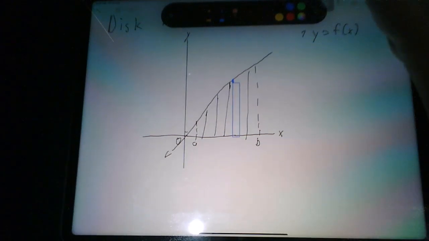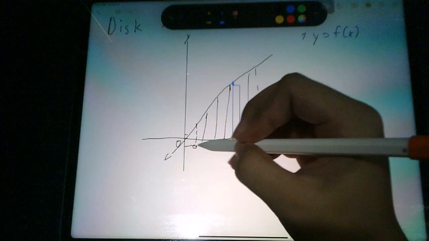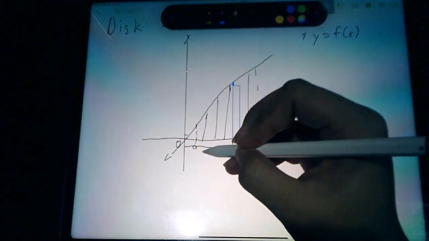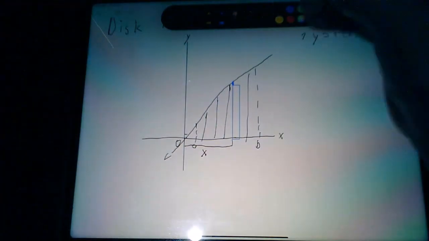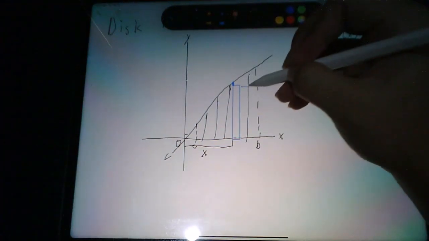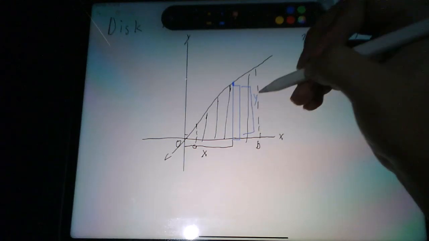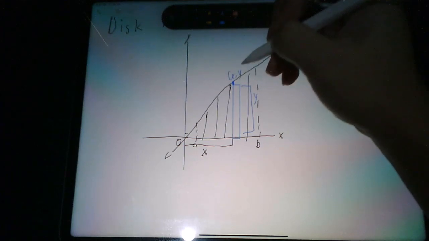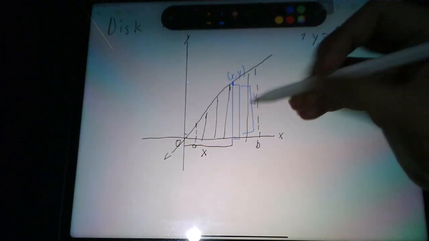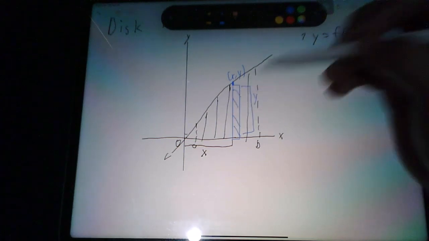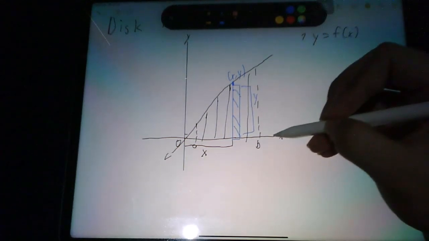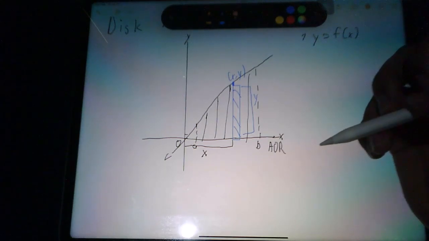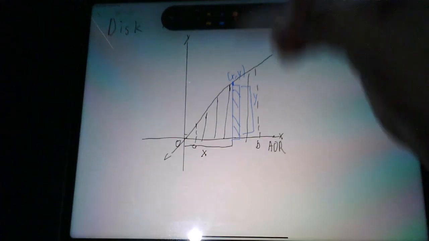Now the distance to the bottom of the vertical strip is called our x, and the height of this vertical strip is just our y, and this is our x and y. So by rotating this vertical strip, we get our area of rotation.